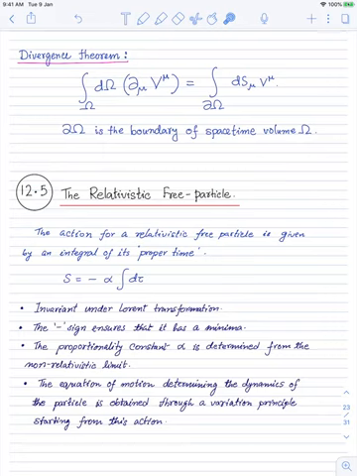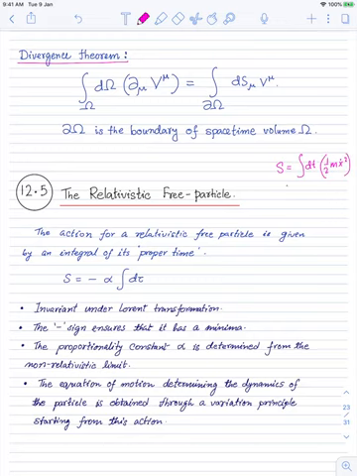In classical mechanics, you have learnt about actions. Just to remind you, the action of a free particle is given by the kinetic energy. So you say that this is the integral of dt times the Lagrangian for the free particle, which is given by the kinetic energy, half m x dot squared.